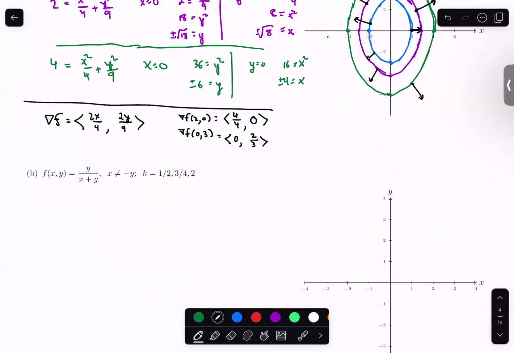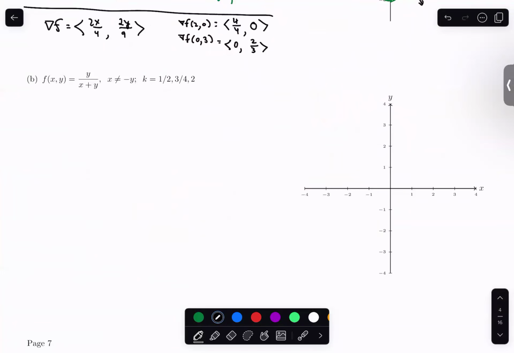Well, I'd like to give you guys an opportunity to try one then. Same sort of deal, different function. So please take 90 seconds, 2 minutes, see how far you can get with this one.